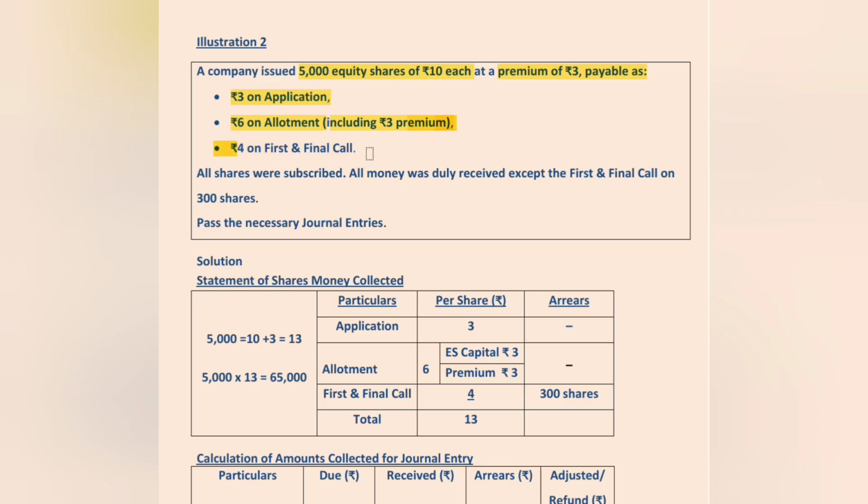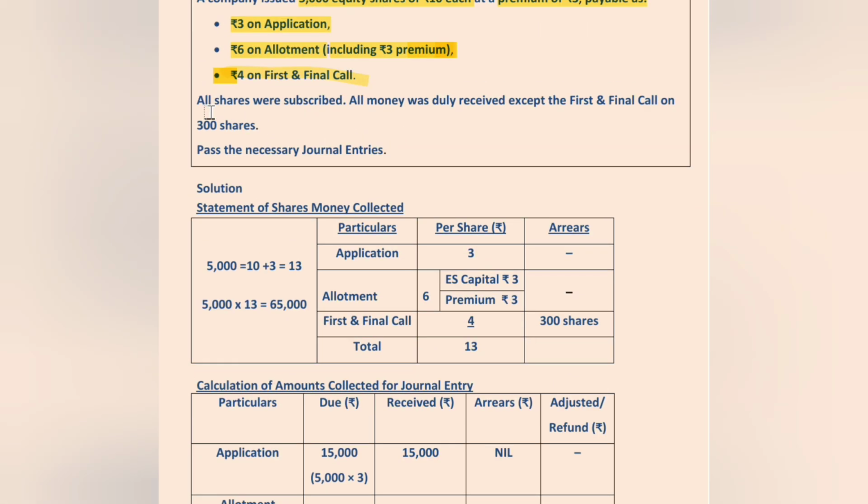All the shares were subscribed, and all money was duly received except the first and final call on 300 shares, which were in arrears. Based on that, you have to prepare the entries.